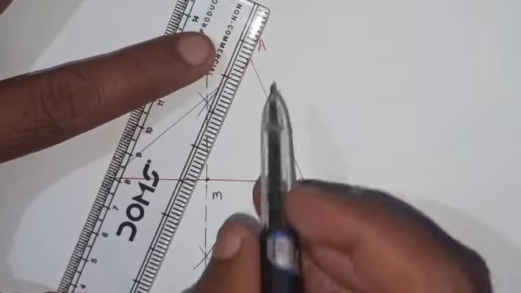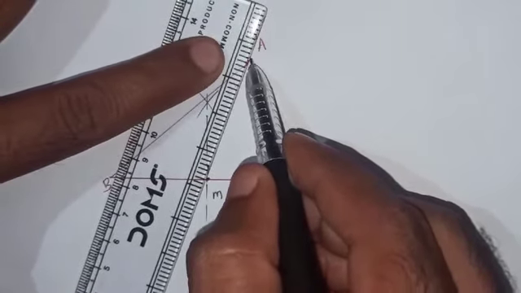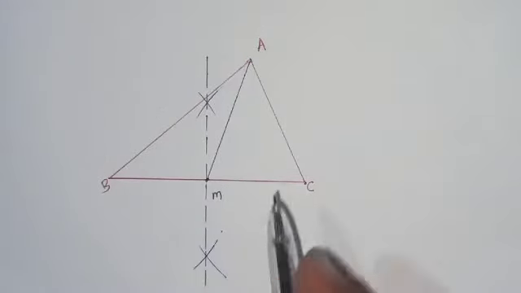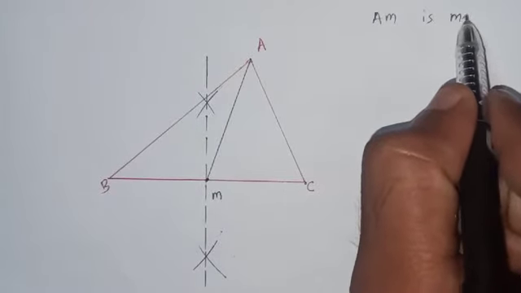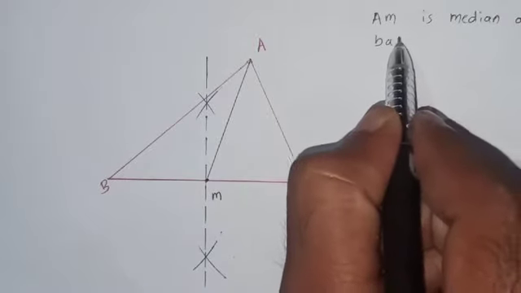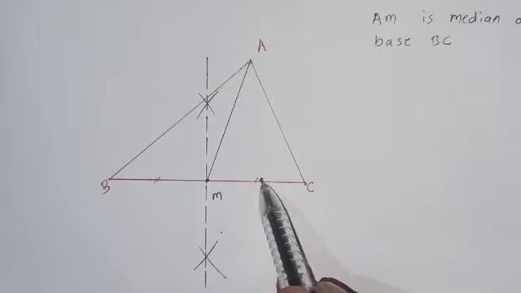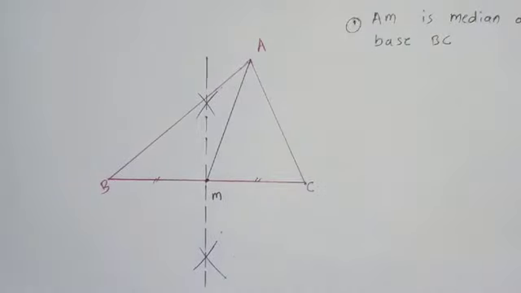So we have to join AM. So AM is the median on base BC, meaning these sides are equal. So this is the first median.